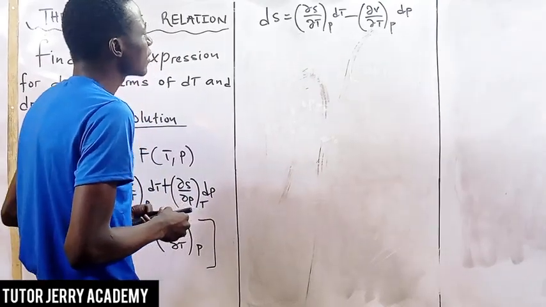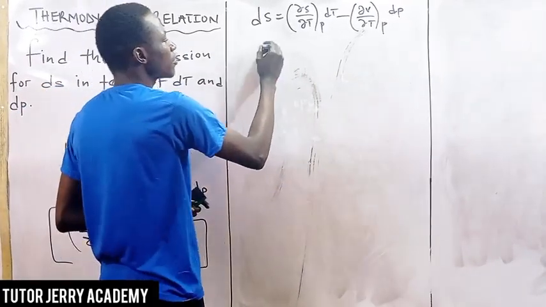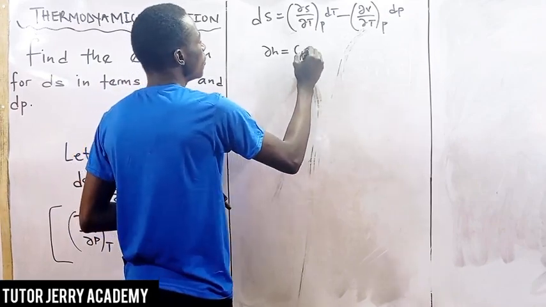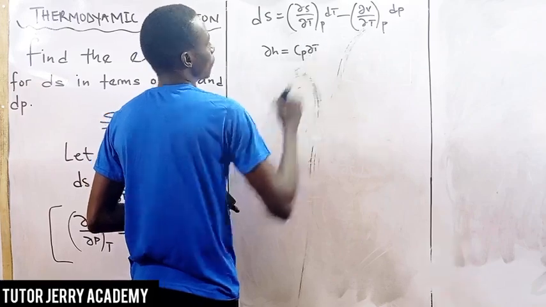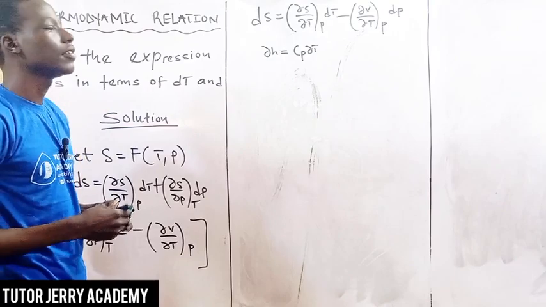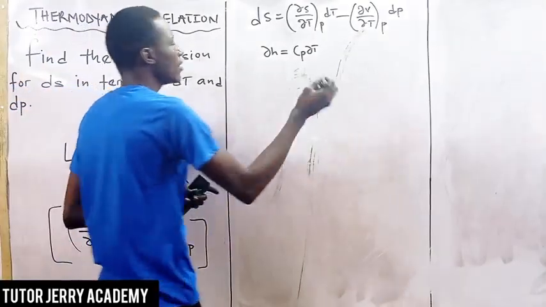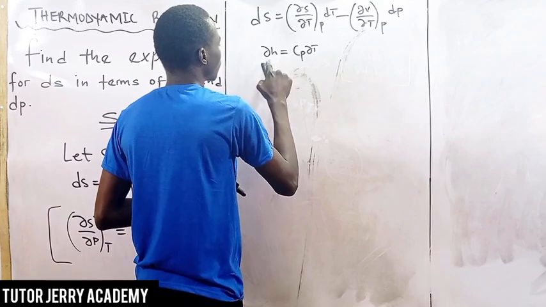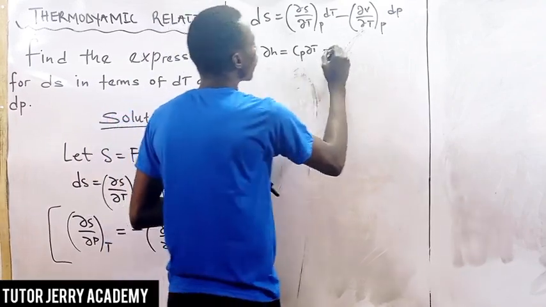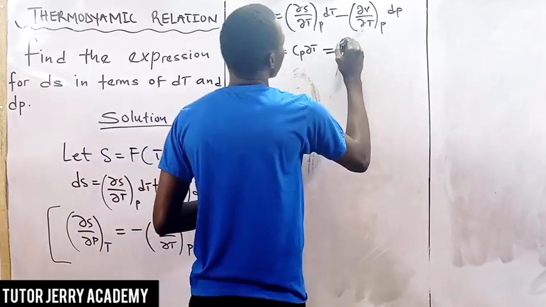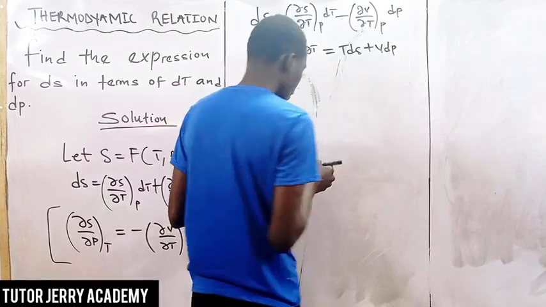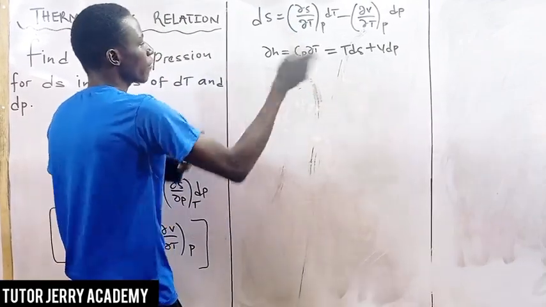Now we know that dH, which is our change in enthalpy, is nothing but Cp dT. We also know that dH is equal to TdS plus V dP, from our first lecture where we proved this.